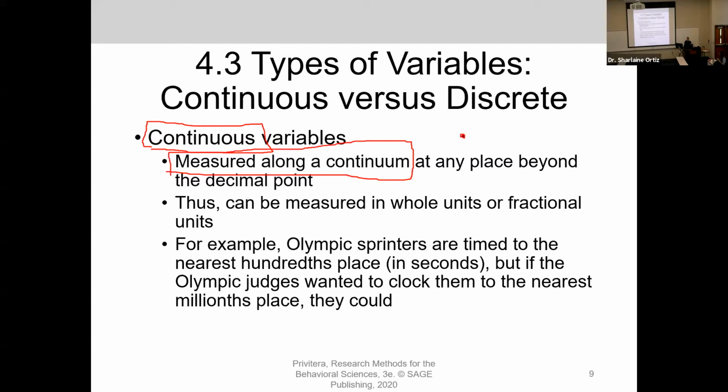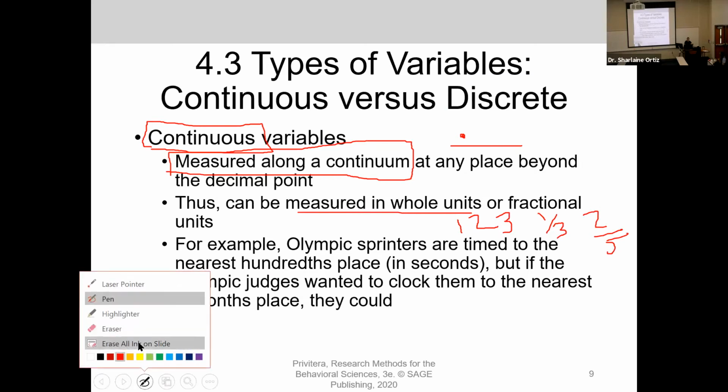Basically, any place after the decimal point. Because of that, I can measure it with whole units, so for example, 1, 2, 3, or fractional units. I can say a third, et cetera, et cetera. So I do have that ability.